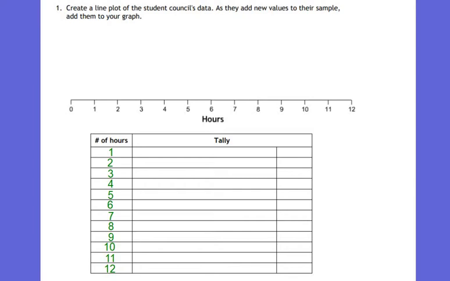We're going to fill in our chart and then create a line plot. The only thing wrong with our chart is I need a 0. So you need to add the numbers 0 through 12.